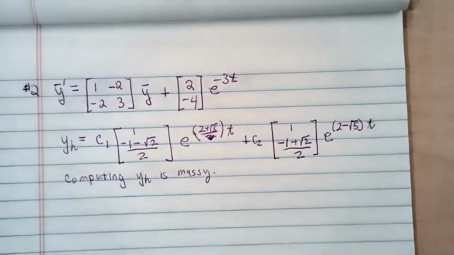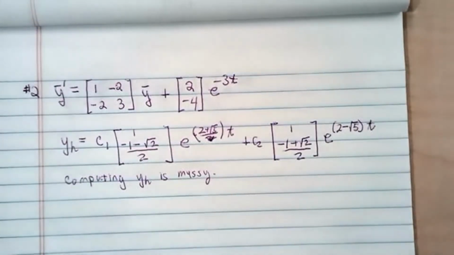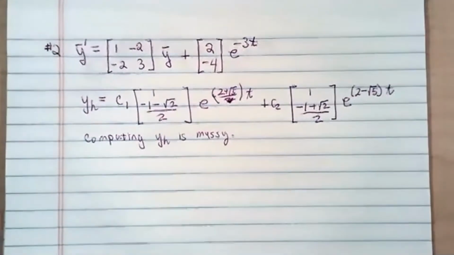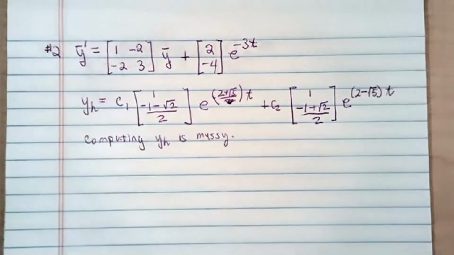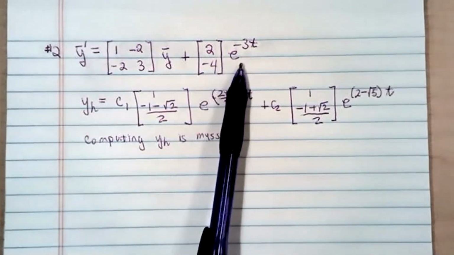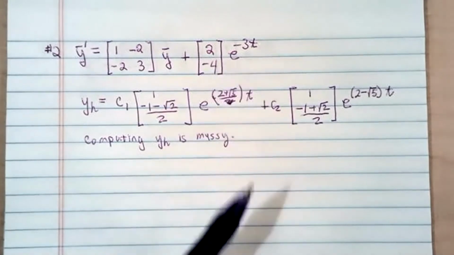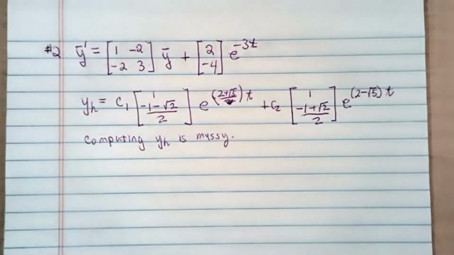Okay, well, as advertised, you do it pretty much the way you do for a single equation. It's just that the arithmetic can get really intense. So here's another one. In this case, we have a right-hand side which is an exponential, so I want to work through at least one of those.